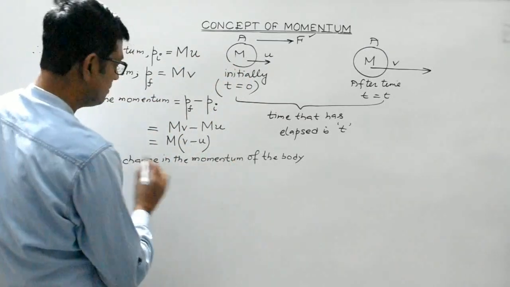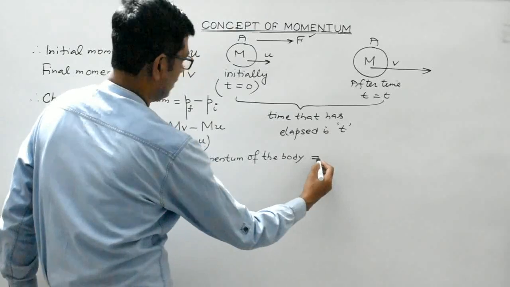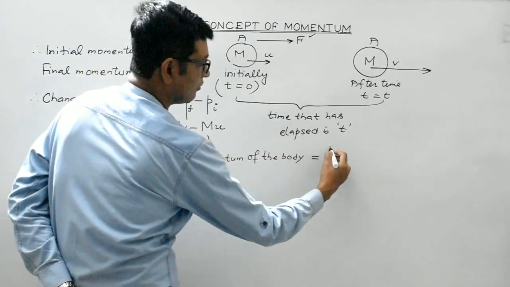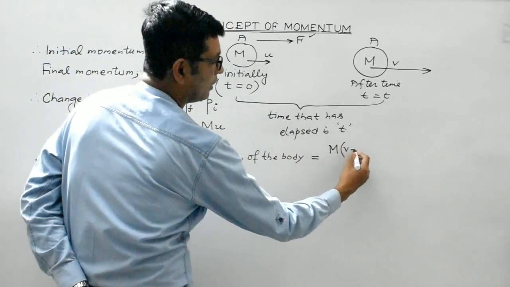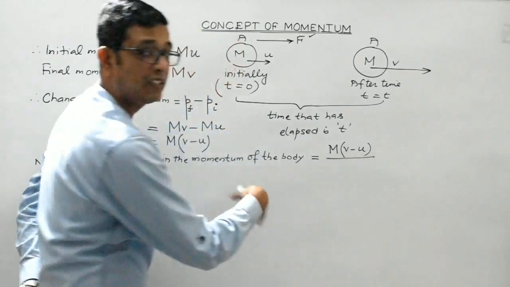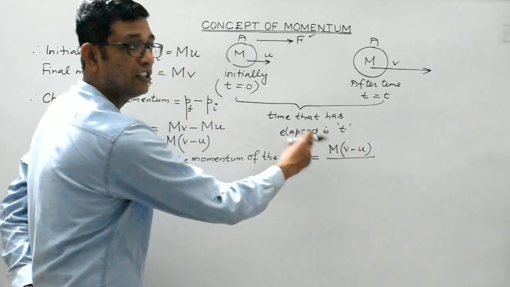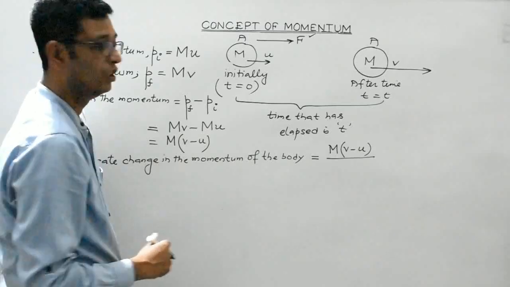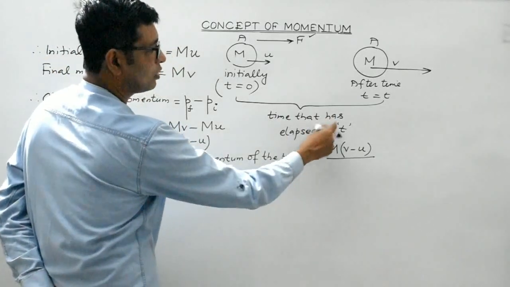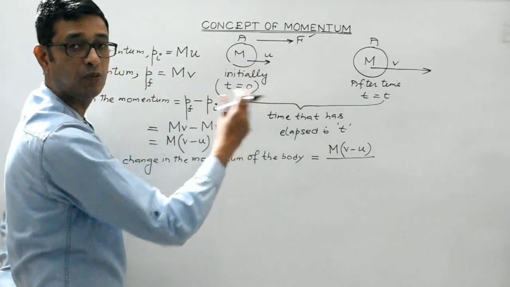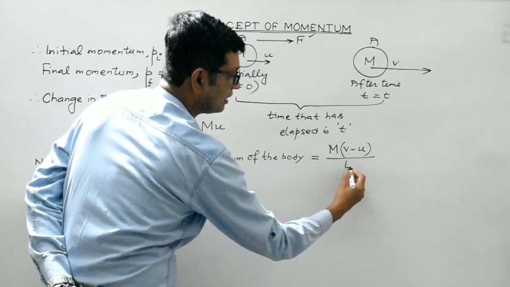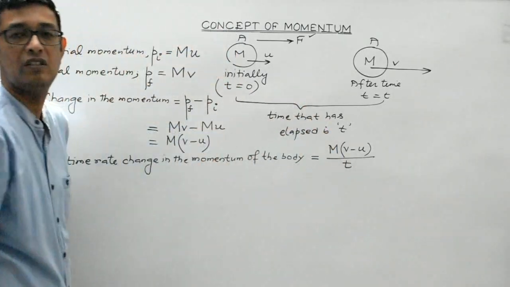So time rate of change in the momentum of the body would be the change in the momentum of the body, which is m(v minus u), divided by the time during which this change has taken place. So what is the time that has elapsed for the change in the momentum to take place? That is t. t is the time that has elapsed.